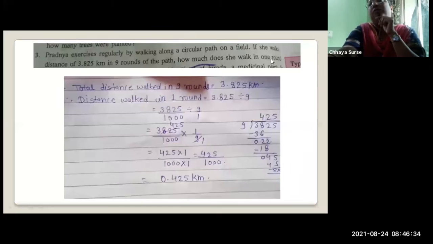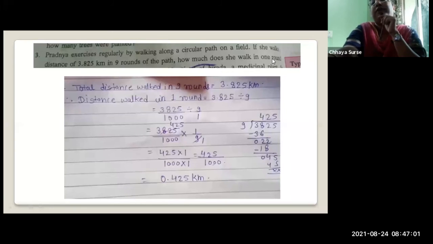Now we want to find in 1 round. From many, we want to find 1. That time we have to do the division. Here they have given the information about the 9 rounds.